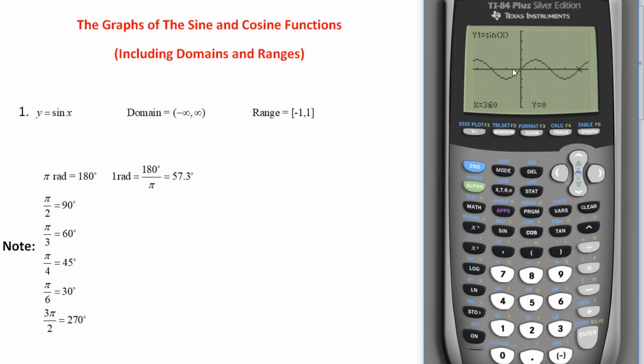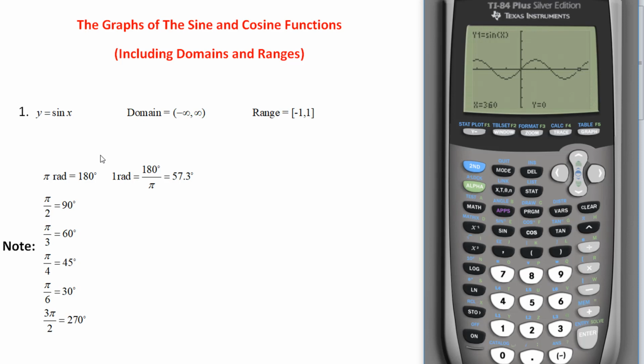Now this info that I'm giving you is going to be convenient, especially if your instructor asks you to graph, say, a trig function without the calculator, and we just sketch the graph.